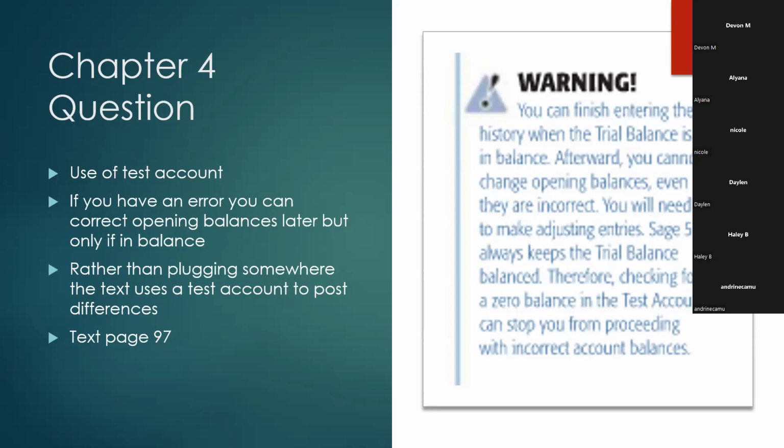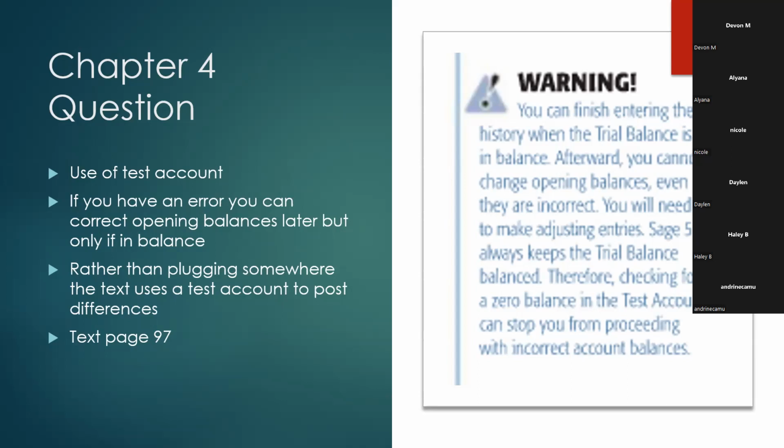So that's the problem. Let's say the debits and credits don't balance, and you're out by $10,000. You could go into any specific account and say, okay, instead of cash being 1,000, I'm going to put it as 11,000. The problem with doing that, obviously, is your cash was never $11,000, and you might forget to go back and change it.